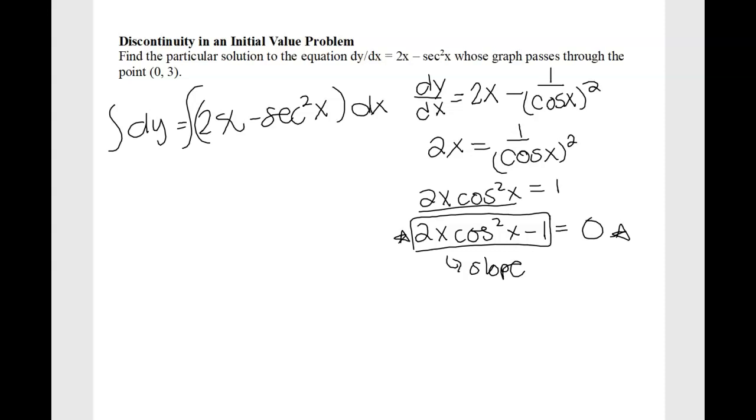Can't have one without the other. Antiderivative of dy is y. Antiderivative of 2x is 2x squared over 2. And then antiderivative of secant squared is tangent, since the derivative of tangent is secant squared. So we get minus tan x plus c.